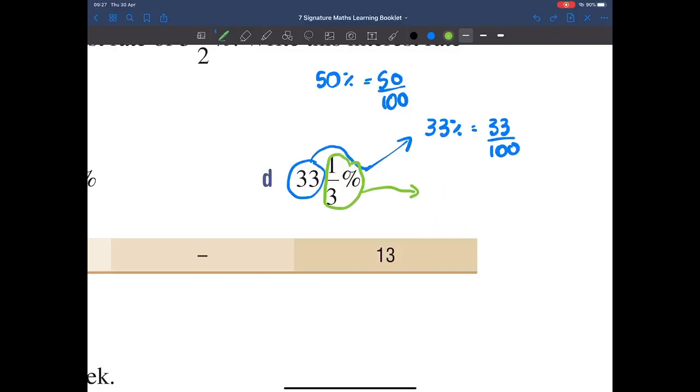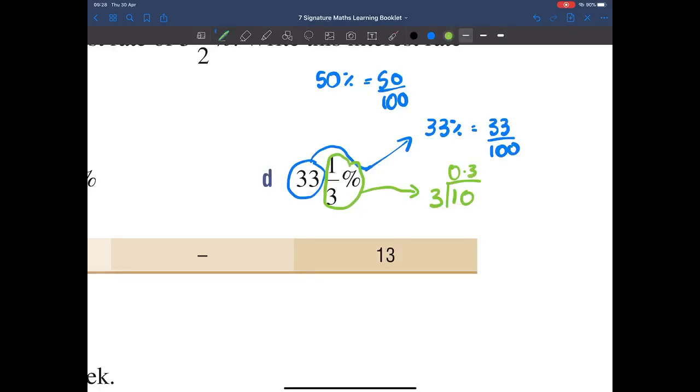We can convert 1/3 to a decimal by literally dividing 1 by 3. So how many 3's go into 1? Well, none. Put a decimal and put a 0. How many 3's go into 10? 3.